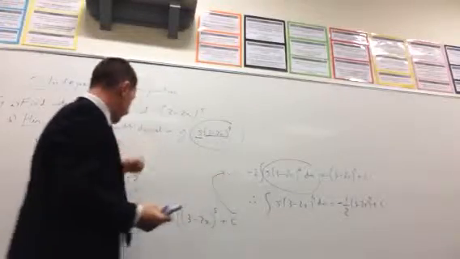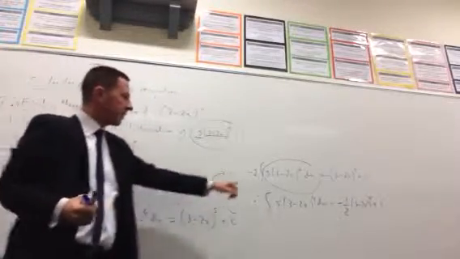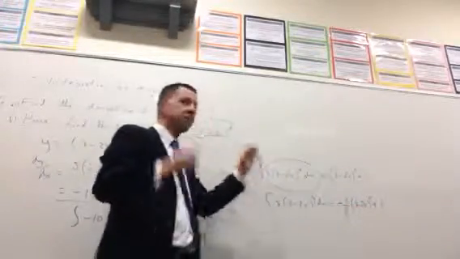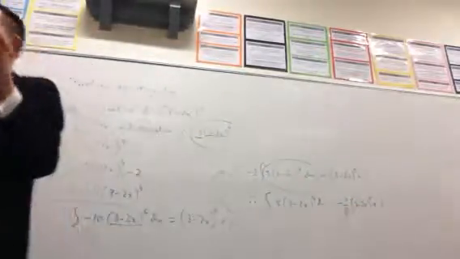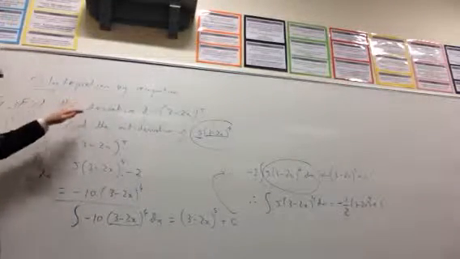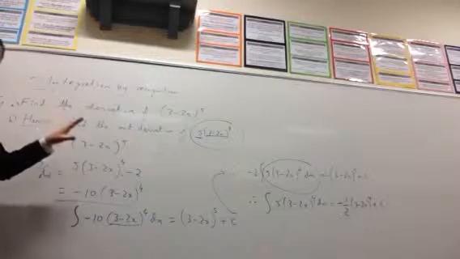So if the antiderivative of this is that, then the antiderivative of that bit is negative a half of that, because that's the adjustment factor between the two. Digested?